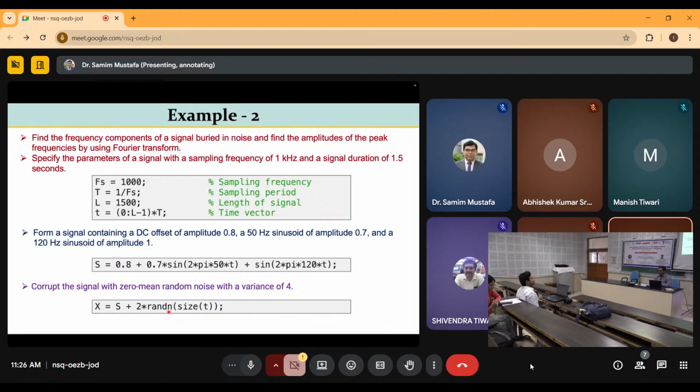Okay, they could be just random numbers created without following any particular distribution. Here n suggests that it is the normal distribution. Okay, so X is equal to S plus some noise, okay, with a variance of 4. Therefore standard deviation is 2.